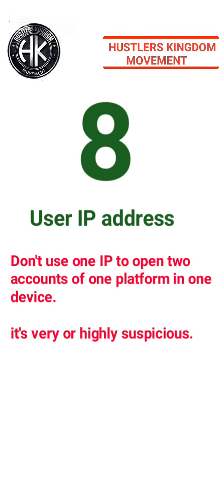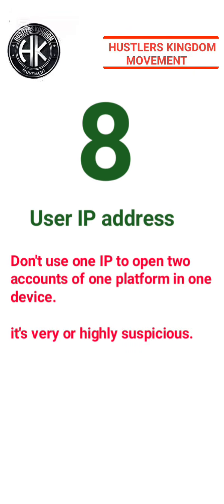Number 8, user IP address. Don't use one IP to open 2 accounts of one platform on one device. It's highly suspicious. Just imagine it now. You are using one IP address to open 2 accounts of one platform on one of your devices.